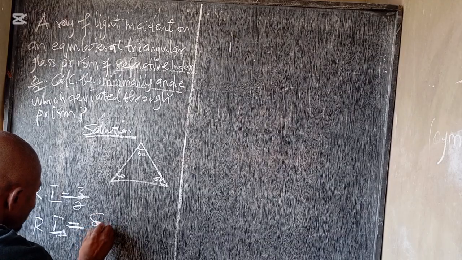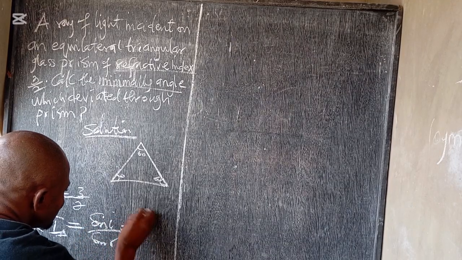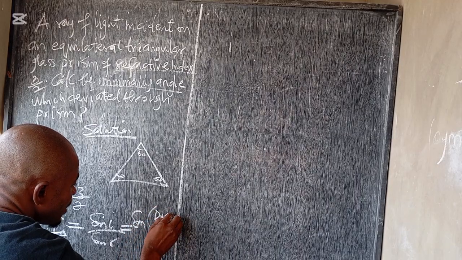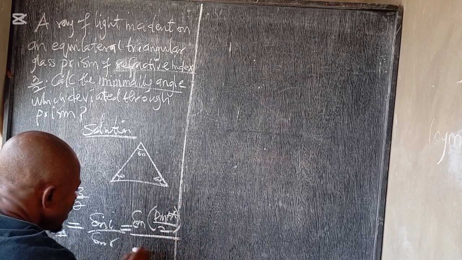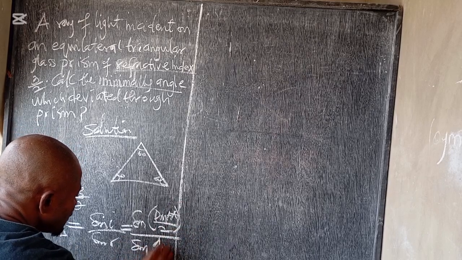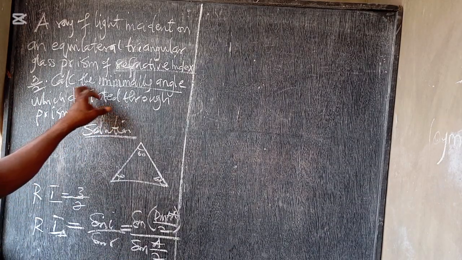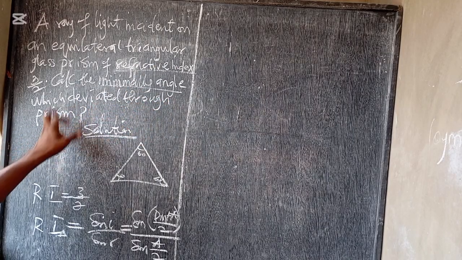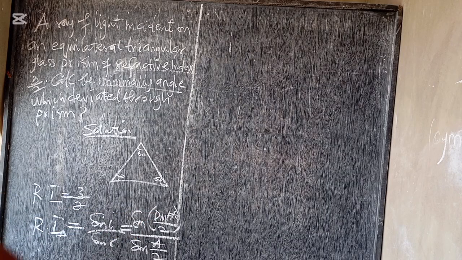The formula is: the refractive index of a triangular prism is given as sine i all over sine r, which is the same thing as sine of (minimum deviation angle plus refracting angle) divided by 2, everything all over sine of the refracting angle divided by 2. Then we want to calculate the minimum angle of deviation through the prism. Any moment you hear deviated, it simply means we have to calculate this.